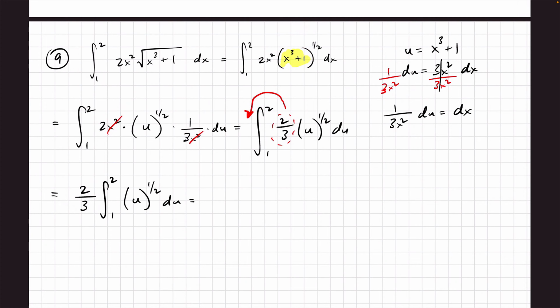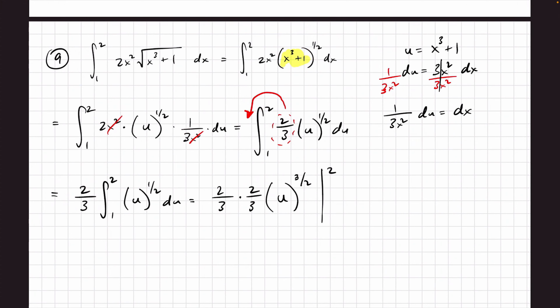My next step is, now that I've substituted in, I have to do the antiderivative, okay? So I get 2/3 times U to the 3 over 2, because I have to add a power. And then I'm going to divide by that same power, but instead of dividing by a fraction, multiply by the reciprocal. The reciprocal is 2 over 3.